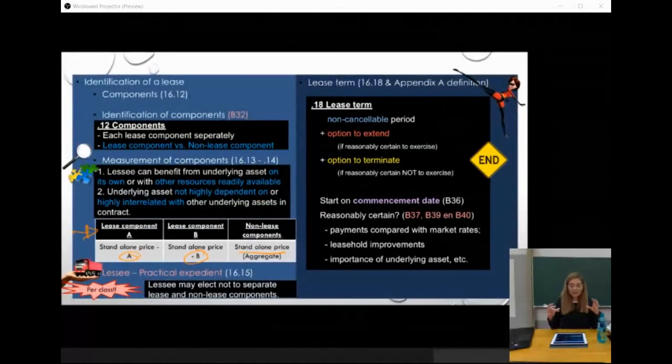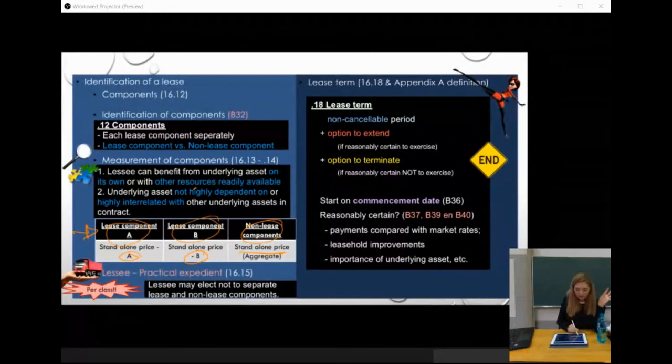So I do that to measure these different lease components and non-lease components, and I take note of the relationship between these three amounts, and then I take my lease payment and apply the percentages of these components.